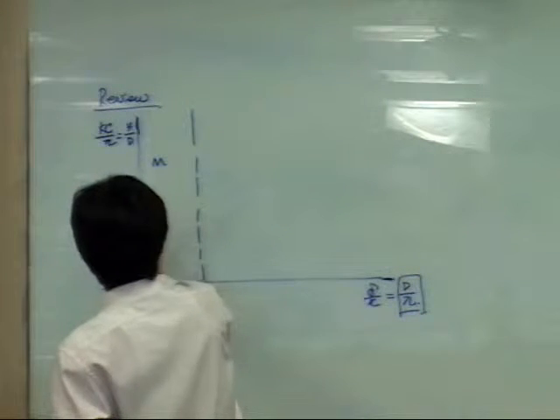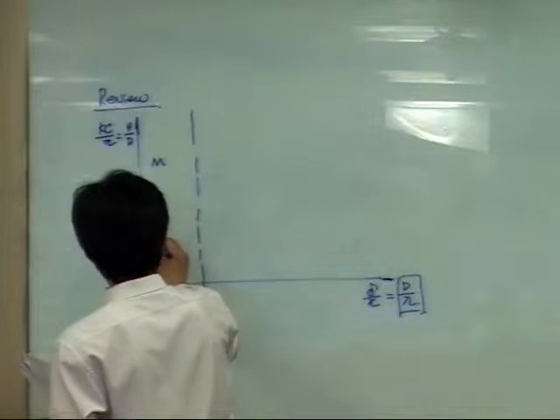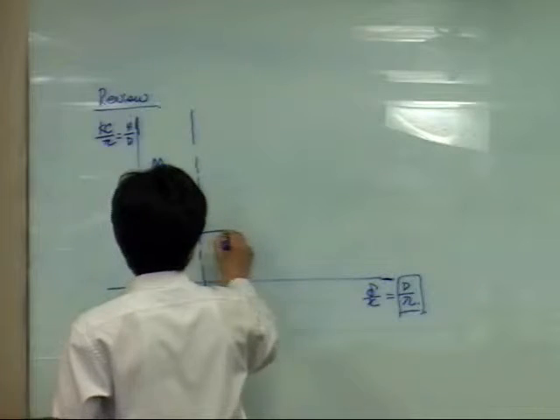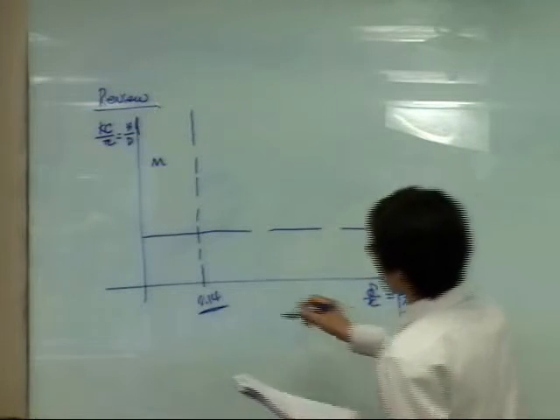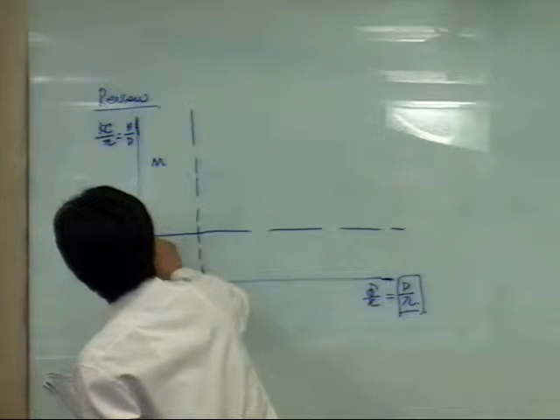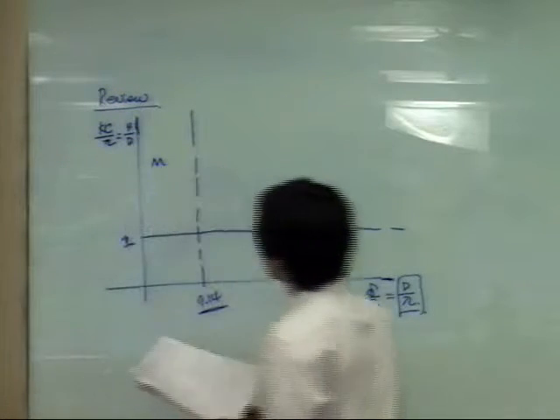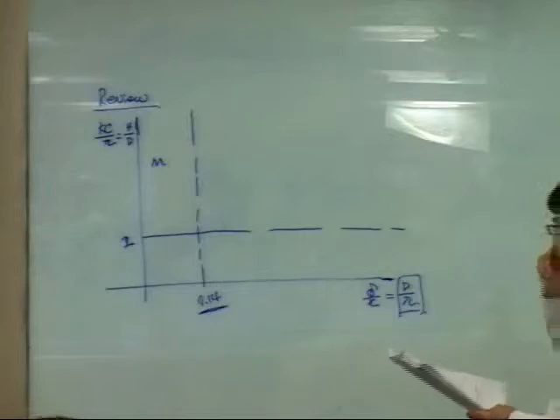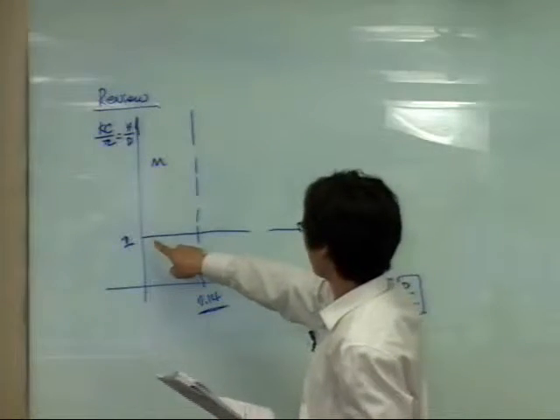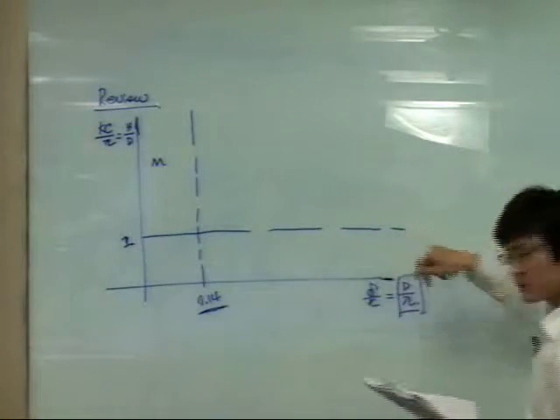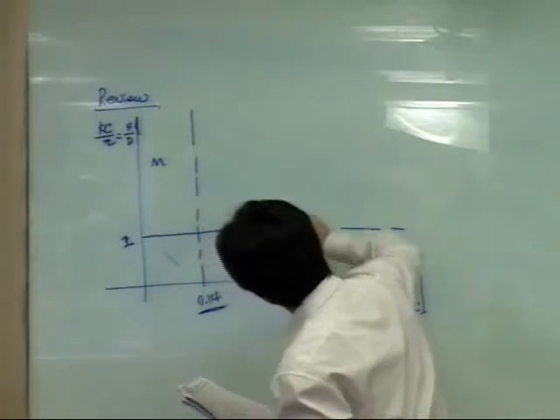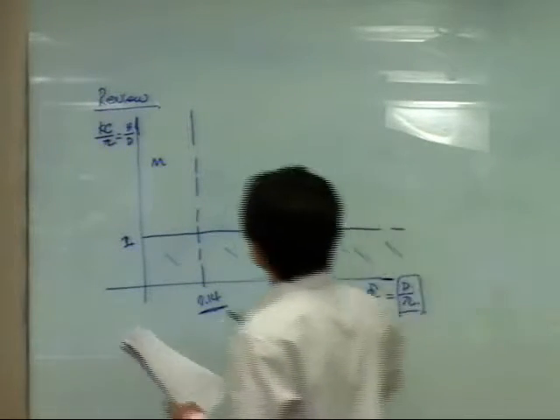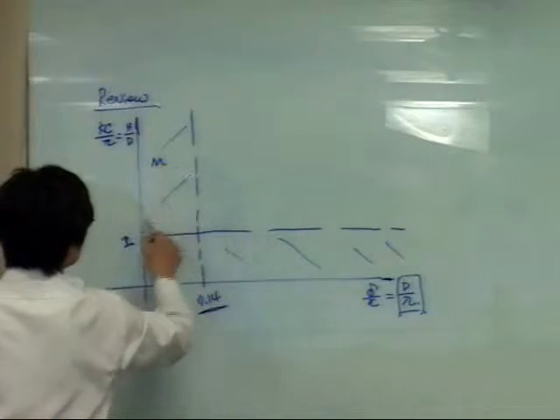We also have to check the Kc number. This is 1. If the Kc number is smaller than 1, we have to use diffraction theory in all this area. And this is for Morrison equation.